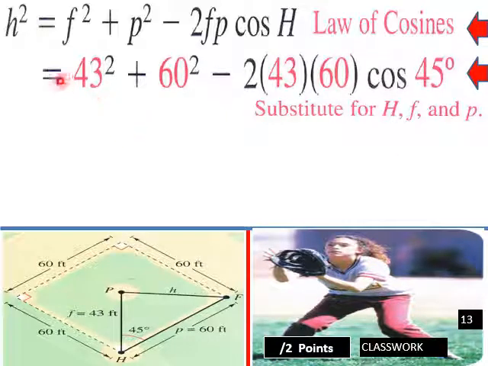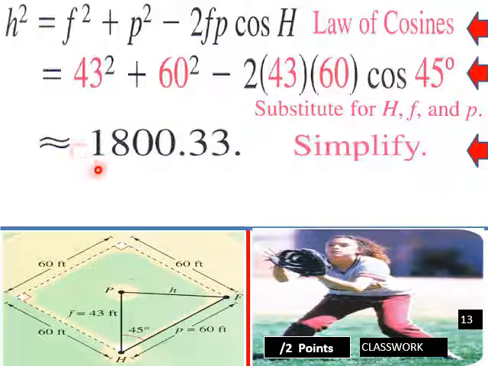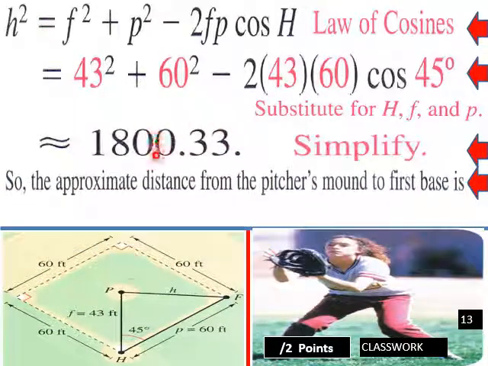And then when we plug in our values that we know, f squared would be 43 squared, then p squared here would be 60 squared, minus 2 times fp, which would be 43 times 60, and then cosine of h here would be 45. So we substitute in our values, and then we come up with this number here.